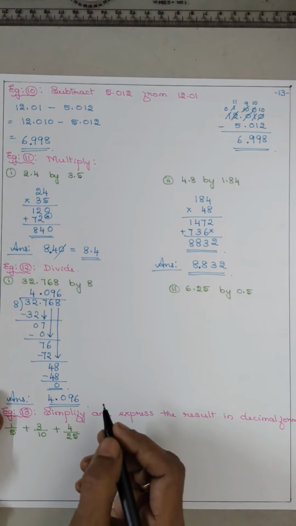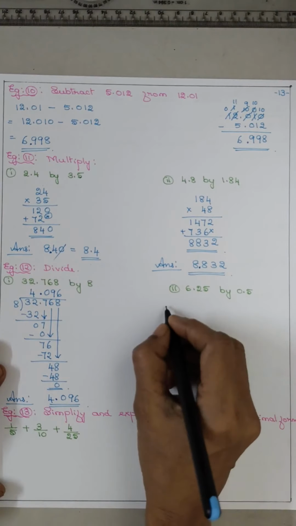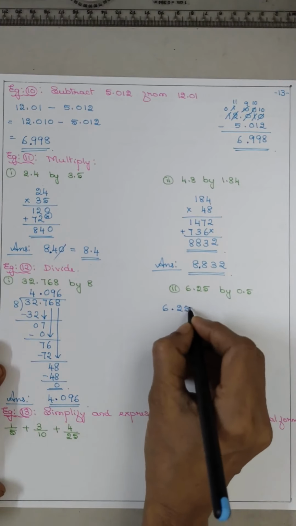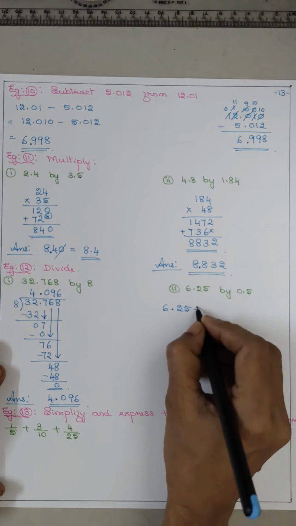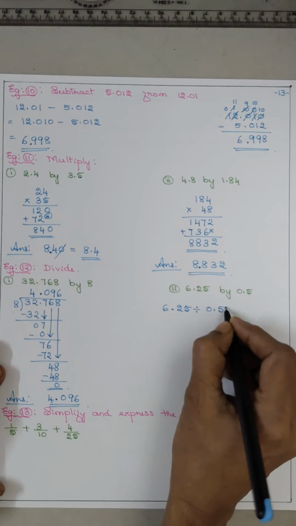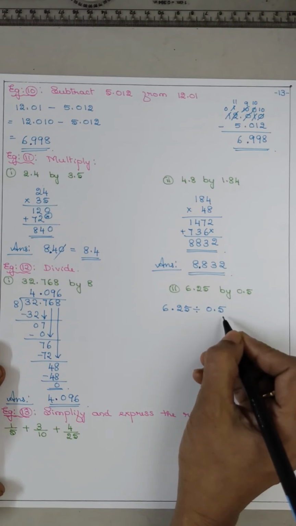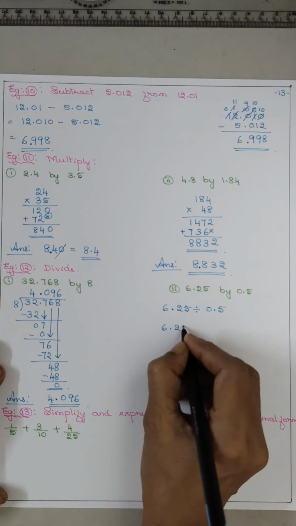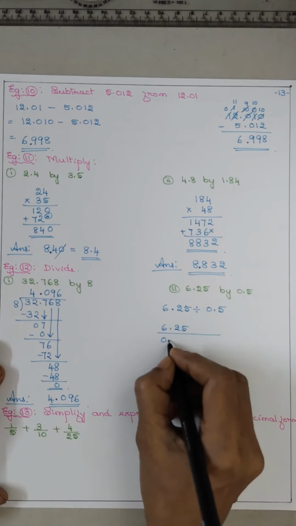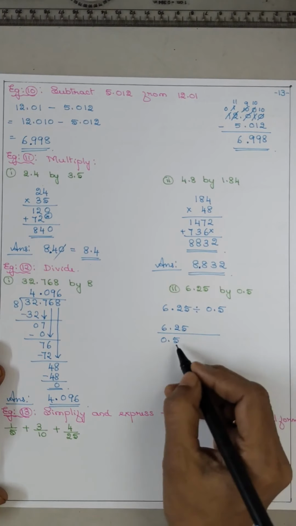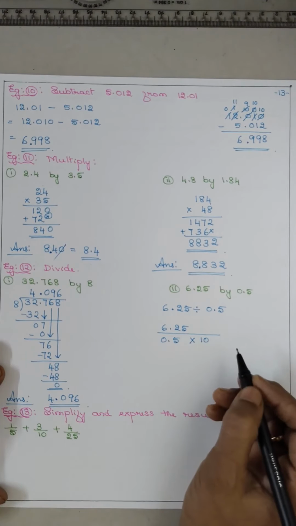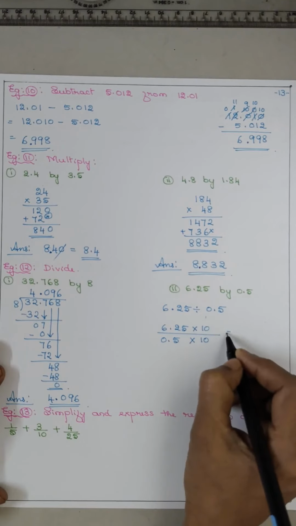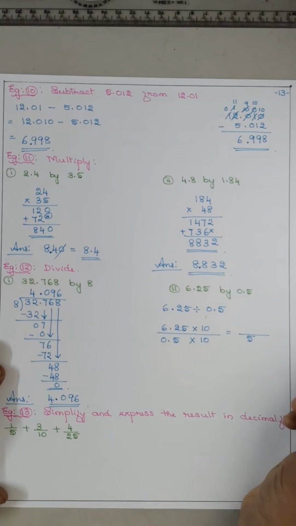Is it clear? Now 6.25 divided by 0.5. This is also a decimal, so we have to use the other method. First, the decimal has to be removed here. How? Remember the 5th standard topic. 1 decimal, so multiply by 10. So the denominator becomes 5.